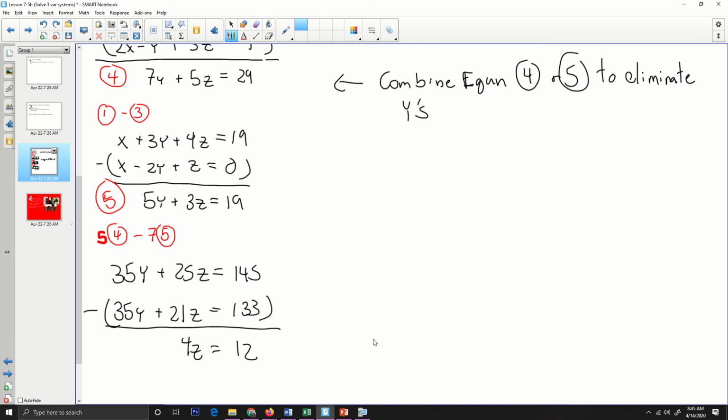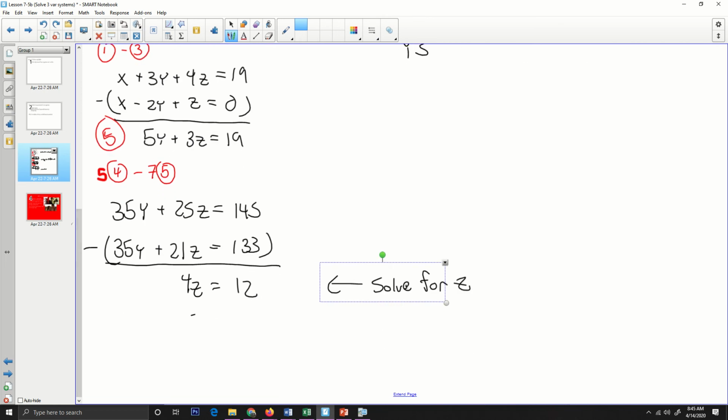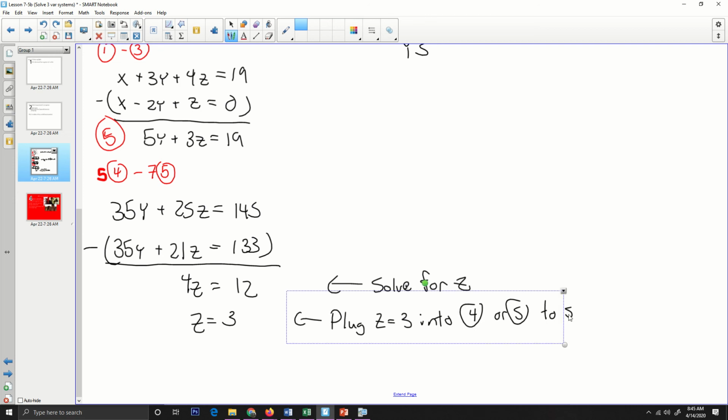Now all I have to do is solve for z. That gives me z equals 3. Now we're going to plug z equals 3 into equation 4 or 5 to solve for y.